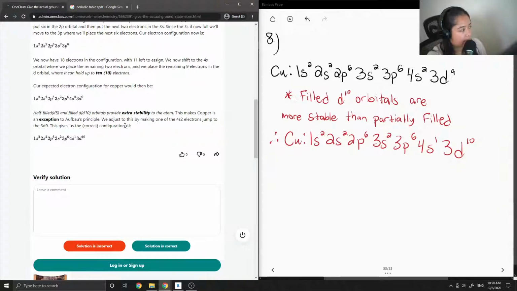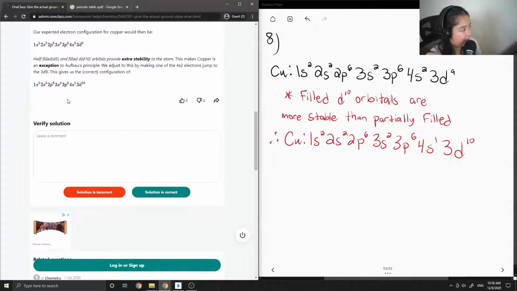This makes copper an exception to Aufbau's principle. We adjust to this by making one of the 4s2 electrons jump to 3d9. This gives us the correct configuration of 1s2, 2s2, 2p6, 3s2, 3p6, 4s1, 3d10. Yep, so this solution is correct.